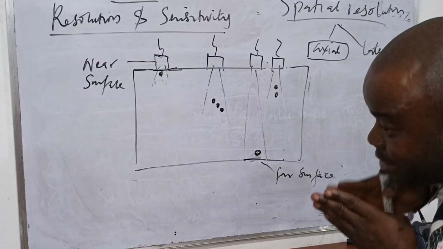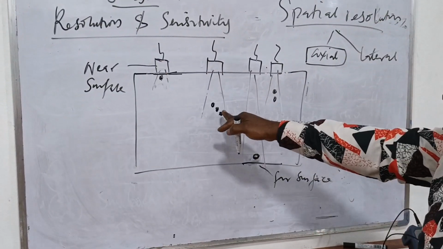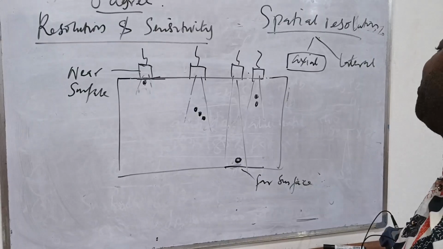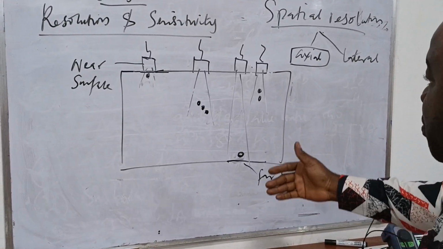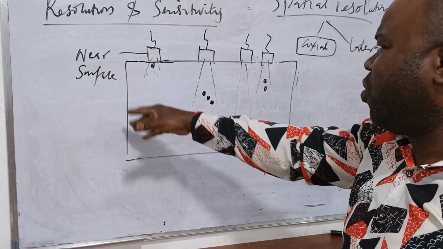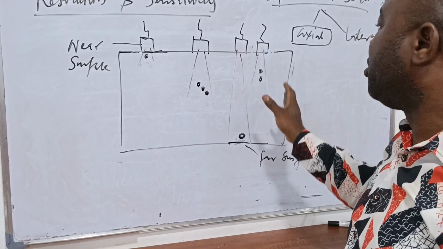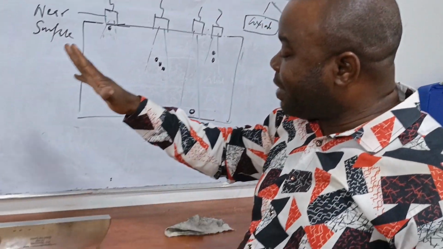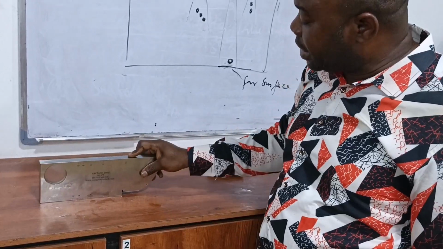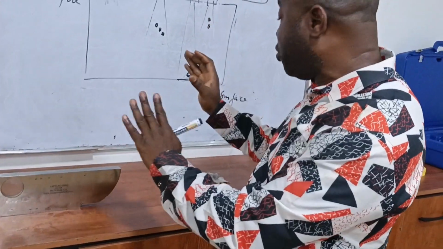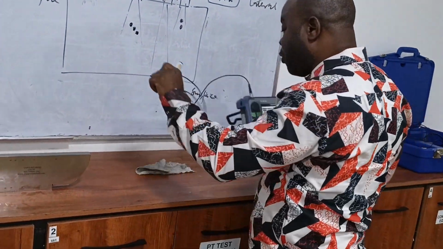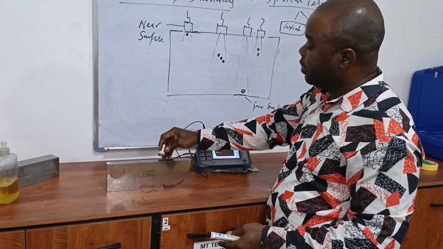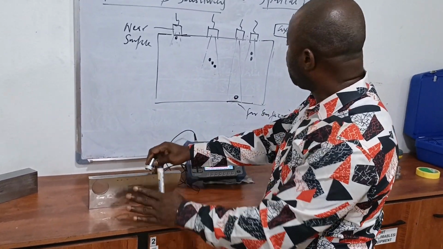Axial resolution is when the indications we are trying to differentiate are along the axis of the spread of the beam. So this is just a general overview of the different kinds of resolutions. But when we check for resolution as an equipment check process, we are just trying to see if the probe, together with the equipment in the setup, is able to differentiate between such indications.